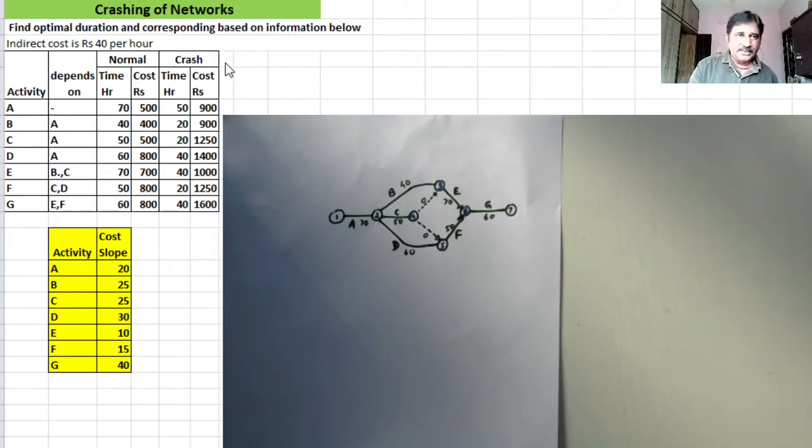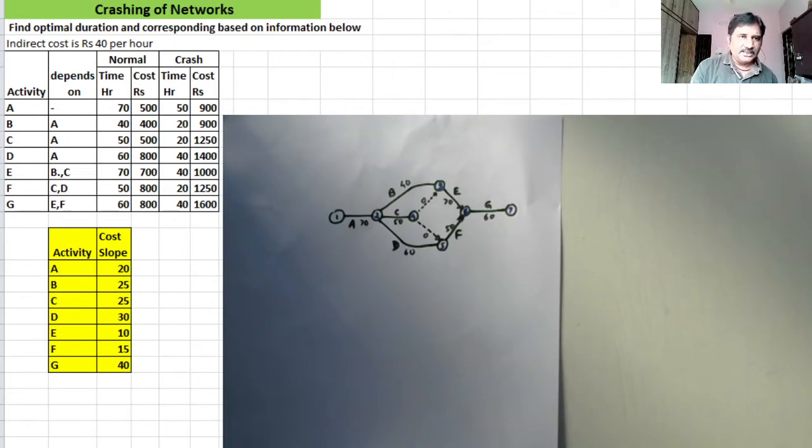For example, activity A normally takes 70 hours to complete, and the cost is 500 rupees. Whereas if you want to complete the activity in 50 hours, that is in less time, it will take 900 rupees. This kind of information is given for all the activities.